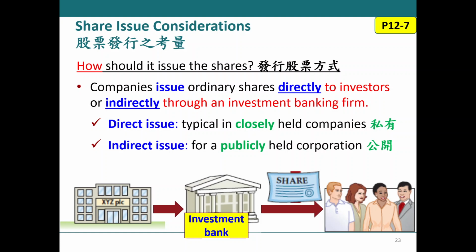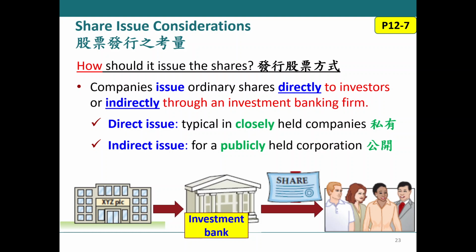Indirect way means what? You don't do it. You ask an investment bank, 投资银行, to help you sell your shares. So the investment bank will help you to sell the shares to investors. So will you talk to investors directly? No. You talk to the investment bank. The investment bank contacts investors.